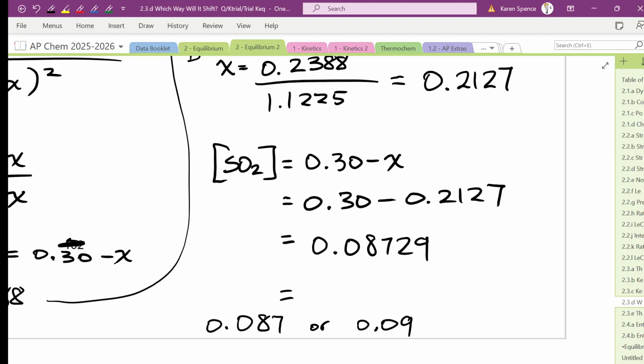It's 0.09, because remember, when you're subtracting, you find your first uncertain digit, which in this case is in the second decimal place. There's our second decimal place there. So that is going to become 0.09, and then we can put our molar and be done with that.